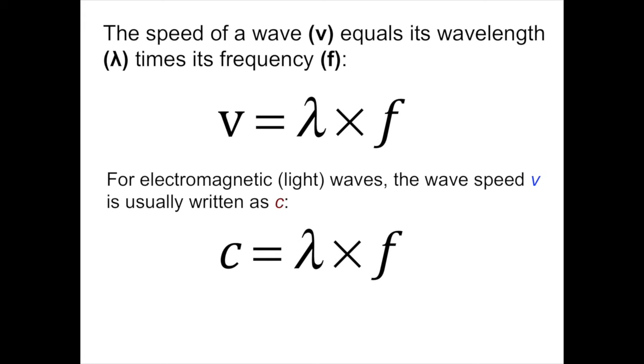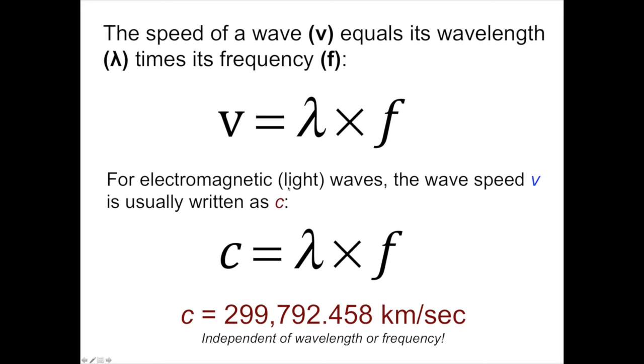When we're talking about electromagnetic waves, it's traditional to replace the v in this equation with the speed of light, c. C is a physical constant, and turns out, as we're going to learn through this class, one of the most important physical constants in the universe. And it is exactly defined in the metric system as 299,792.458 kilometers per second.